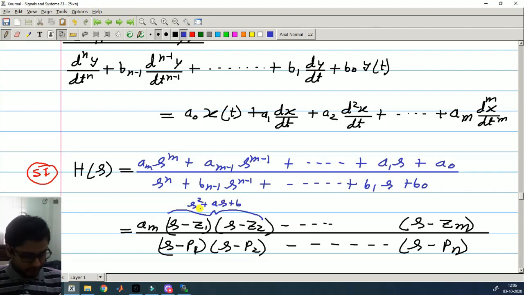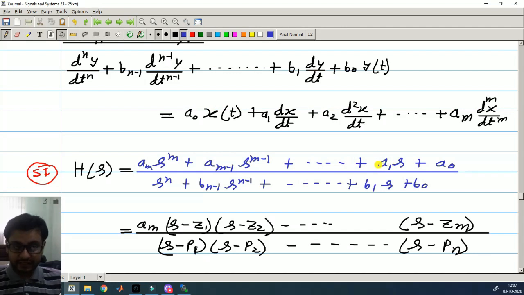So if these zeros occur in complex conjugate pairs, then when you multiply them all, you will get this polynomial where all the coefficients are real numbers.